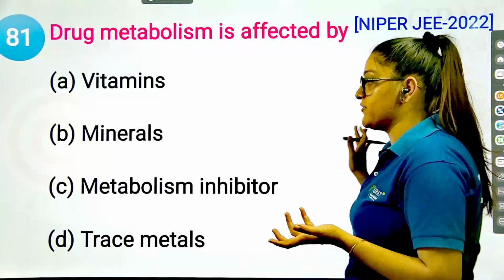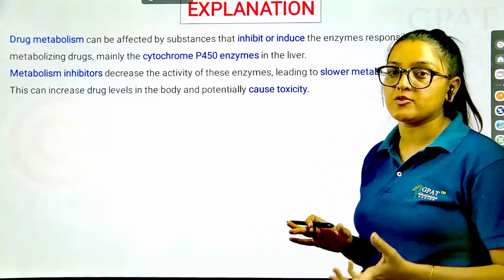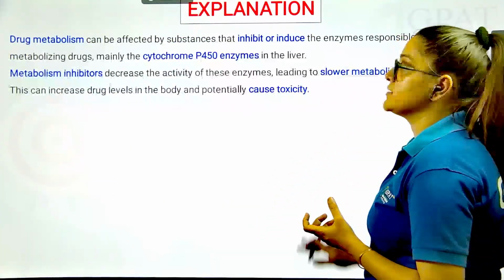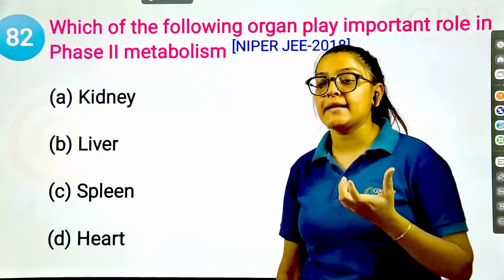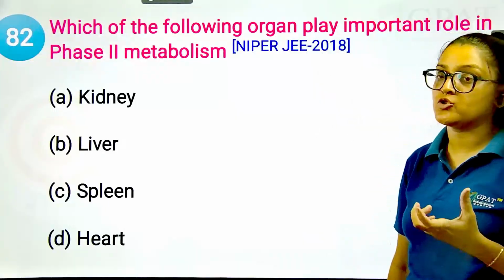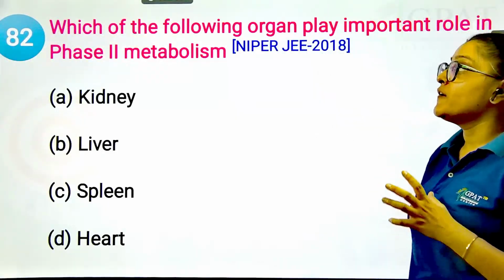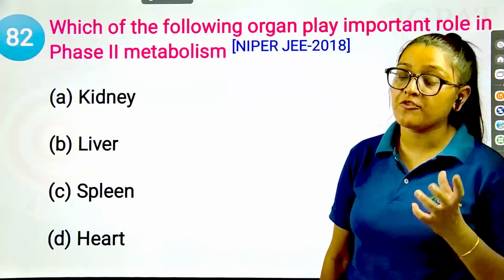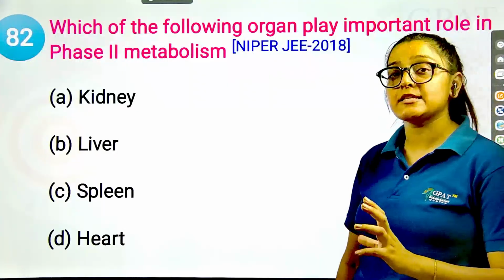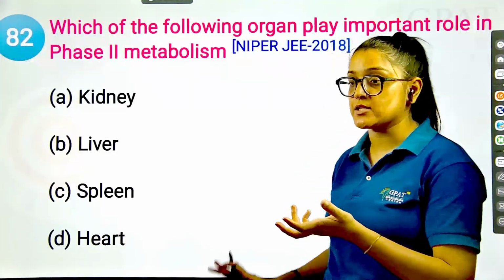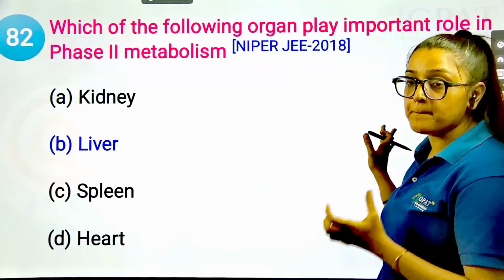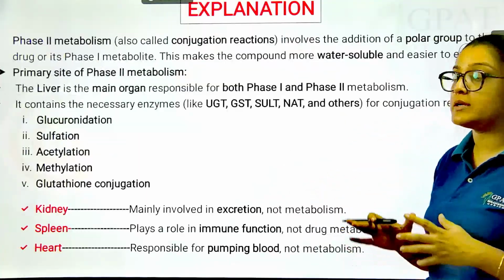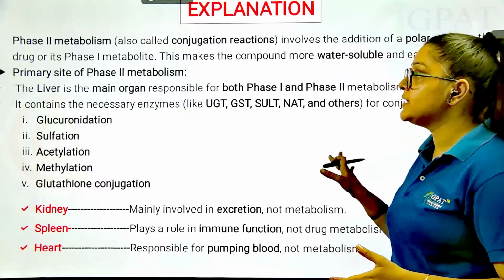It is very much evident. Okay. Next, which of the following organs play an important role in phase 2 metabolism? So, phase 1 metabolism or phase 2 metabolism, functionalization reactions, conjugation reactions. Any which way, the liver is going to play a much important role. It is all happening in the liver, right?